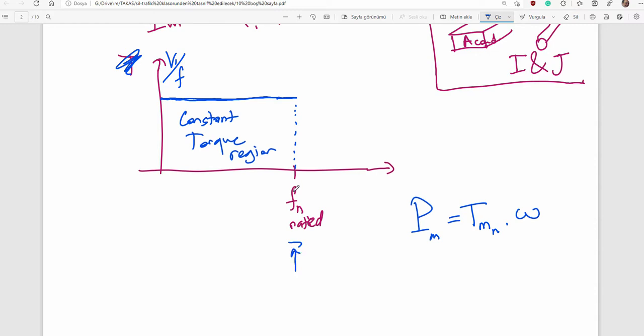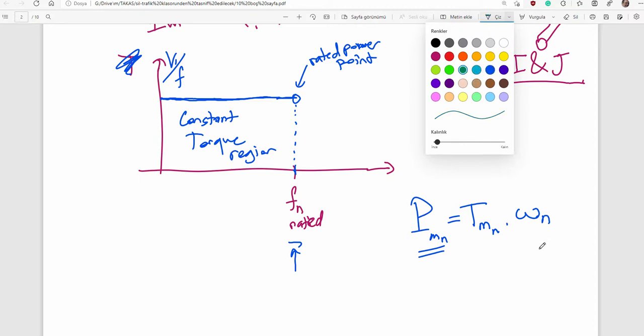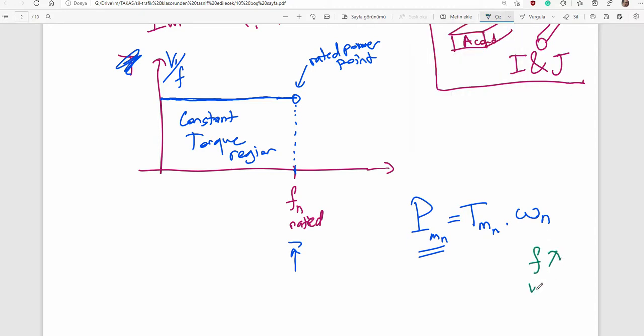You have reached the rated frequency, so here is rated speed, nominal speed, and then machine has reached nominal output power. Here is the rated power point. And then you'd like to increase frequency to increase speed.